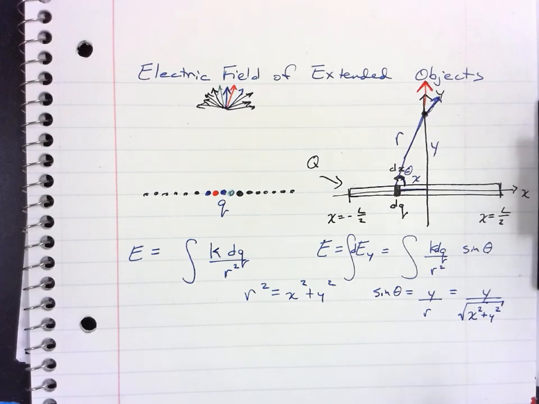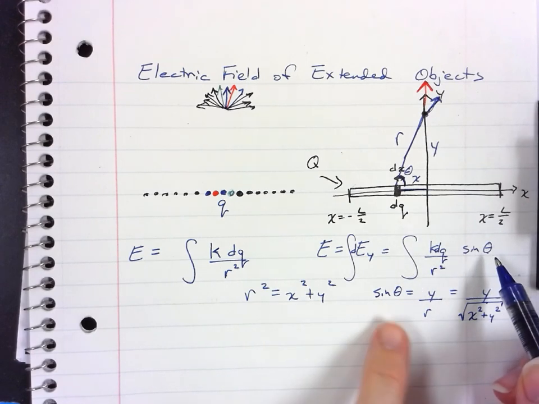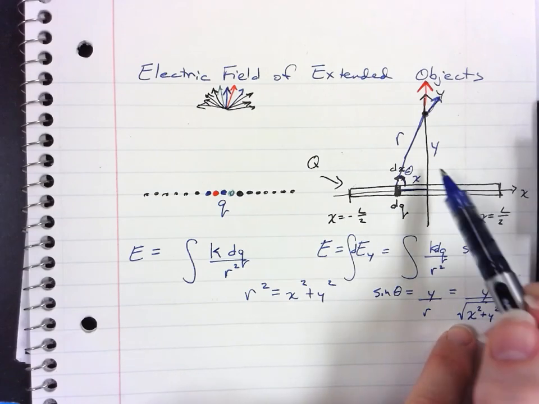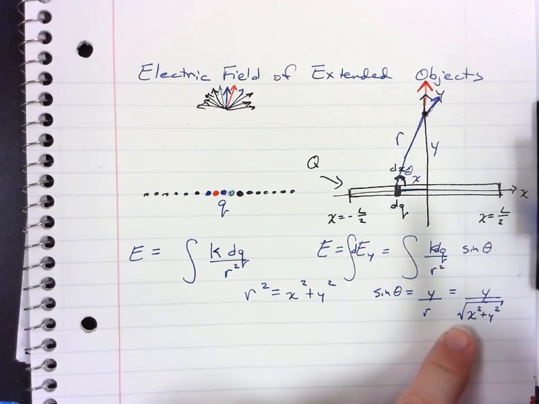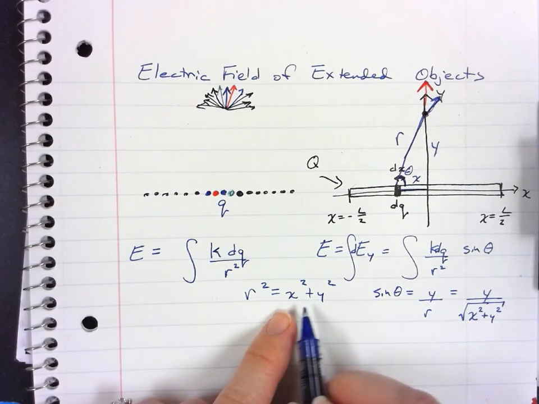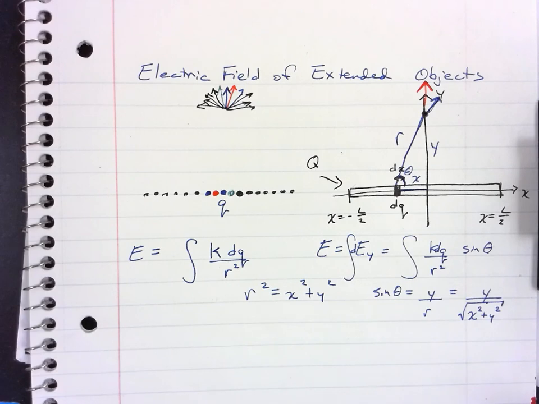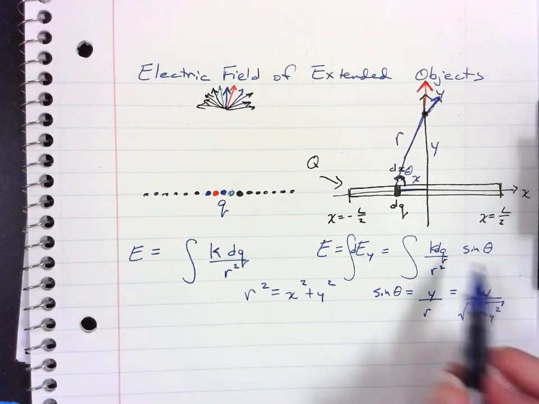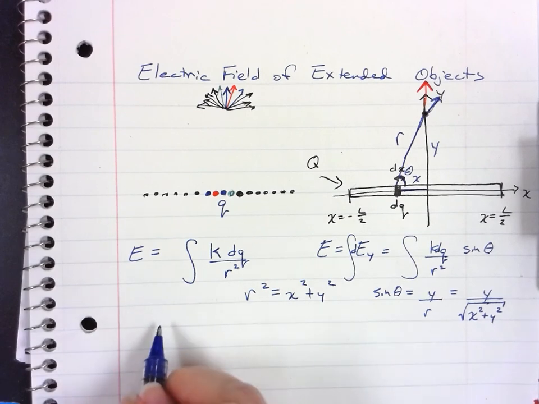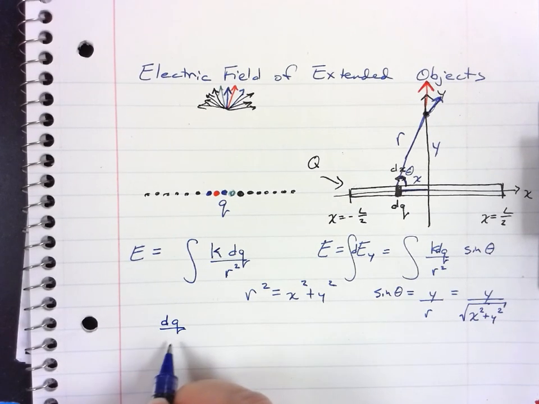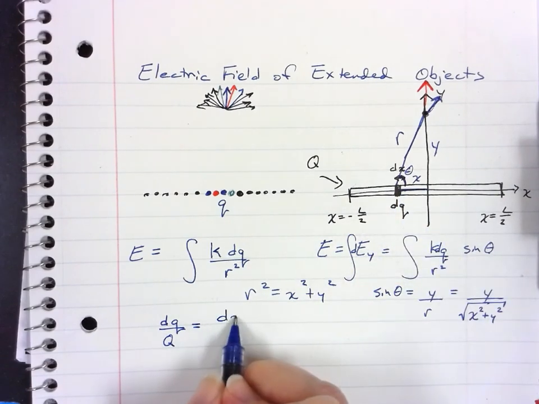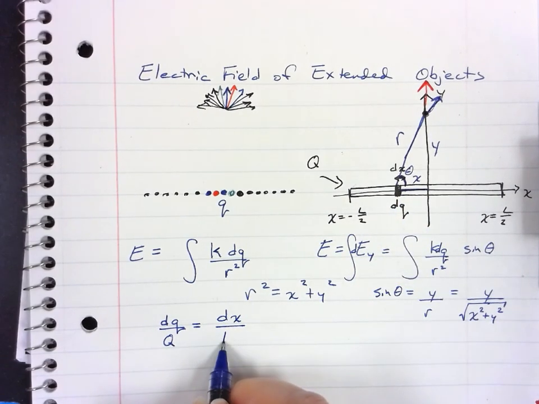So I have put sine of theta in terms of y, which is a constant for this problem, and x, which is my variable. I've put r in terms of those same two things. So the last thing I have to deal with is dq. dq, remember, is the tiny little bit of charge. That little bit of charge is to the whole charge as that width, dx, is to the whole length.